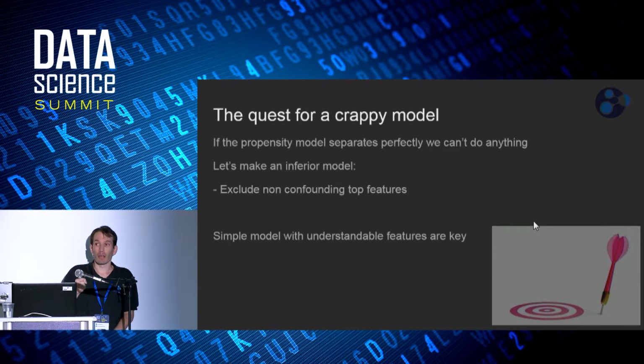So if we have a model and it's too good, then the question is, can we make it weaker? And a key way of making it weaker is by removing features. We look at the top features and we ask, is this feature likely to affect the outcome?